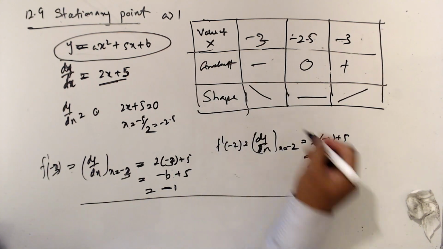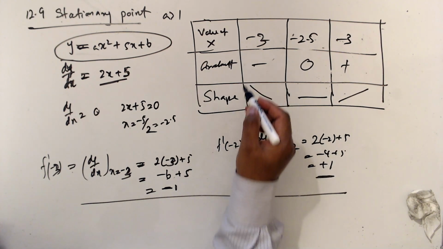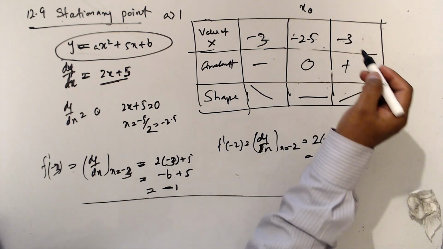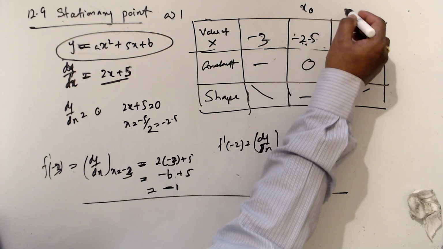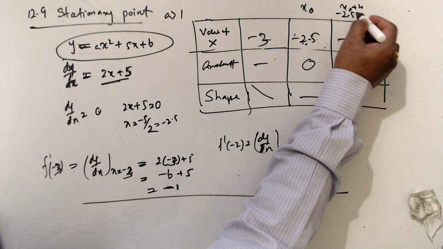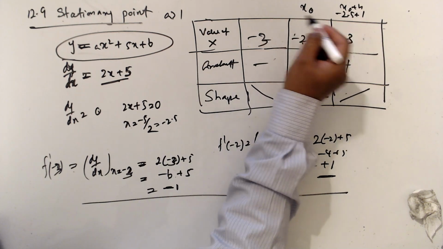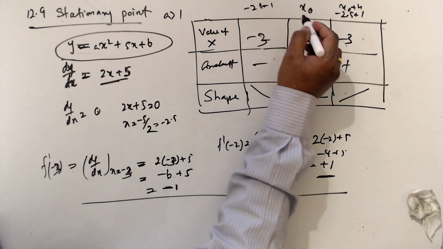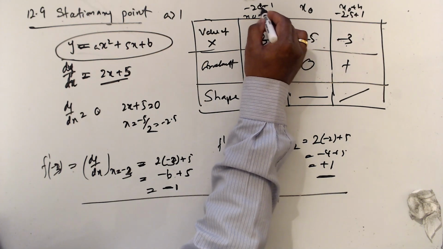Now I put those details into a table. So this is actually x naught, this one. Then what is the h value? We go to x naught plus h. It means plus 1, minus 2.5 plus 1. We go to the right. And then x naught minus h, so minus 2.5 minus 1.